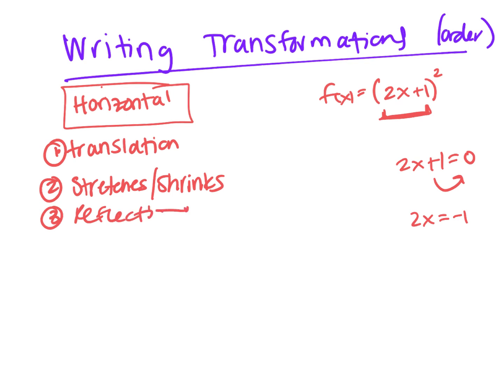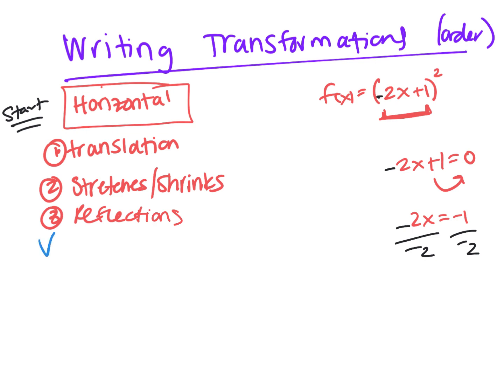The way that would show up in the function is if I had a negative on the inside. So after I would technically divide this by -2, but the negative I would be dealing with last. So reflections last. So always start with your horizontal transformations. List the translations, list the stretches and shrinks, list the reflections.